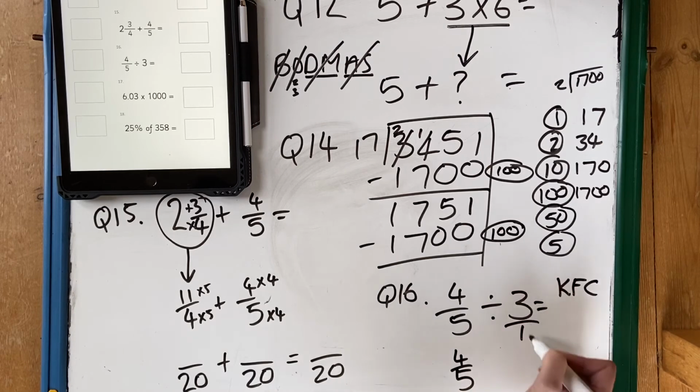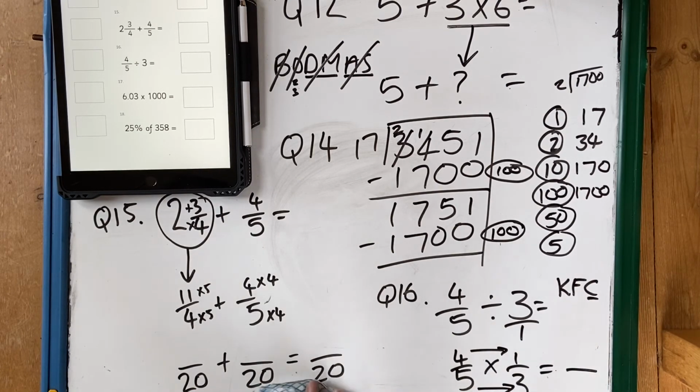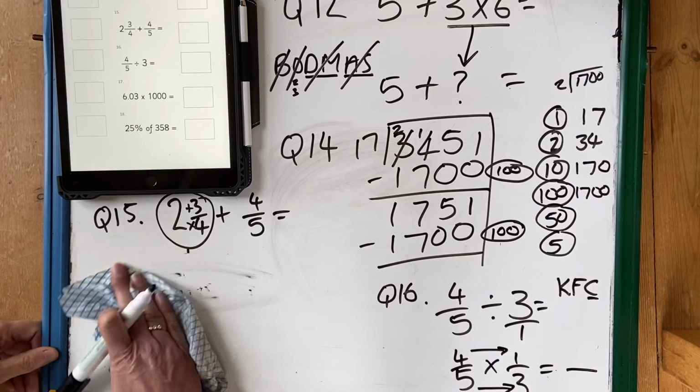So flip the 3/1 is 1/3, and then change the operation. So instead of dividing, you multiply. With multiplying fractions, you just multiply the numerators and multiply the denominators. Well done.